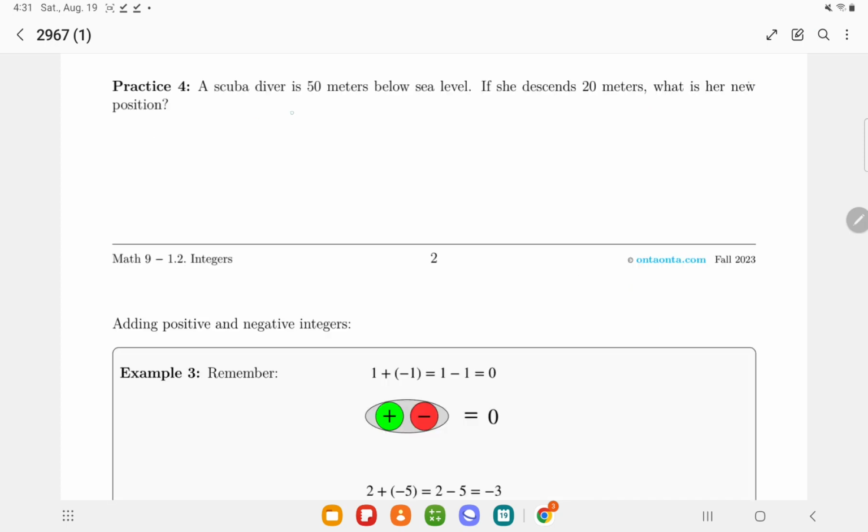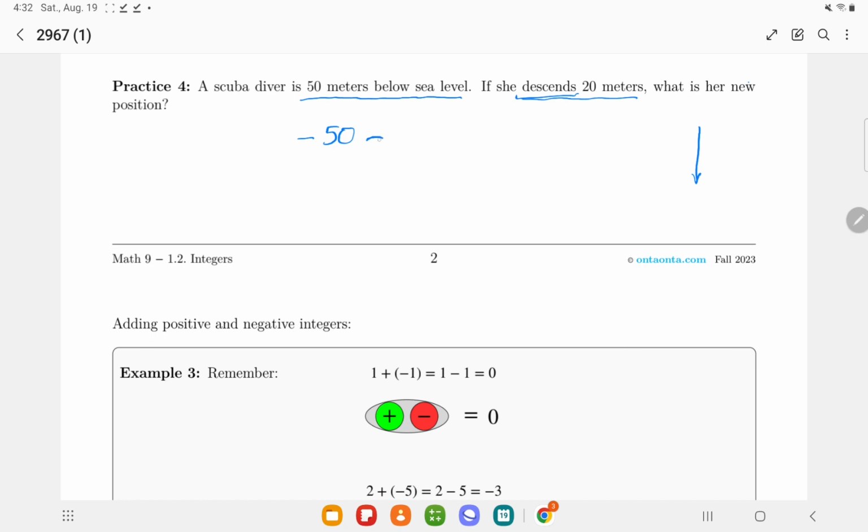A scuba diver is 50 meters below sea level. If she descends 20 meters, what is her new position? Let's convert the sentences into equations. So 50 meters below sea level is -50. We're going to skip the units. She descends. Descends means she goes down.